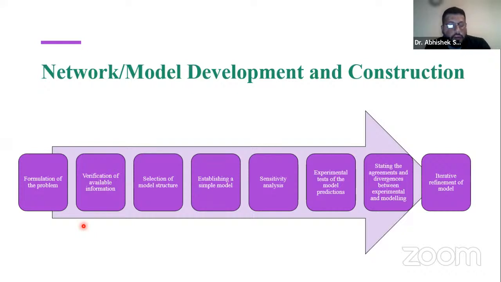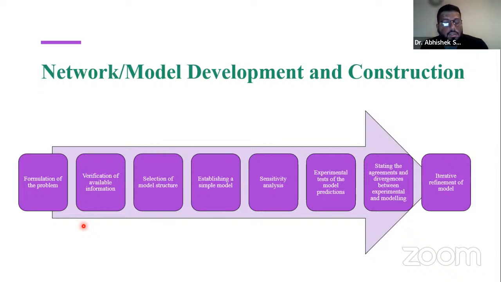So you need to first identify your problem, then verification of the available information. So how much information is available as supporting data for you. Then selection of the model structure, determine the general type of model, like for example deterministic or stochastic approach that you are going to use, which type of method is suitable for network based modeling.